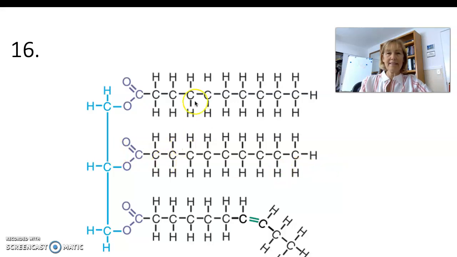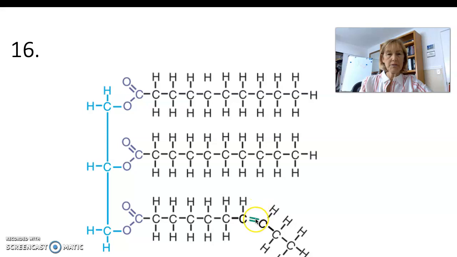Now let's look at this again. So here we have that triglyceride again, and the glycerol molecule in blue. There's something funny here that has a kink. And so this is saturated, and this is unsaturated. We say it's unsaturated when we're missing a few hydrogens.